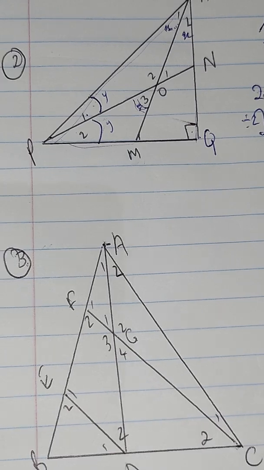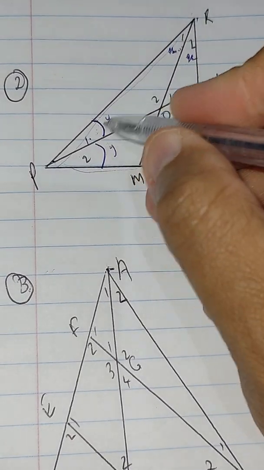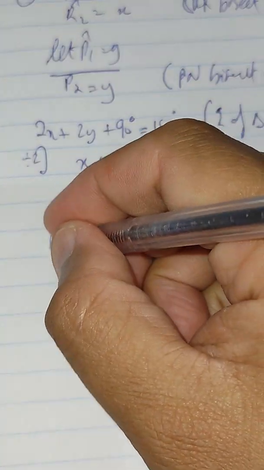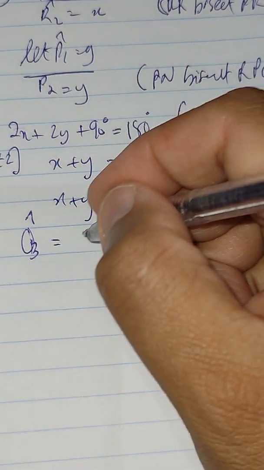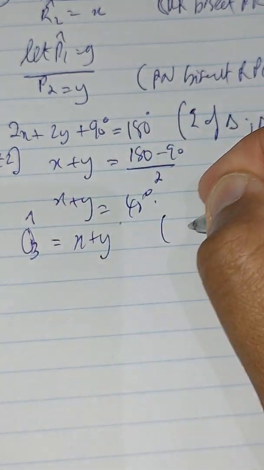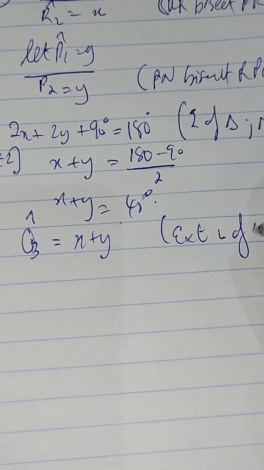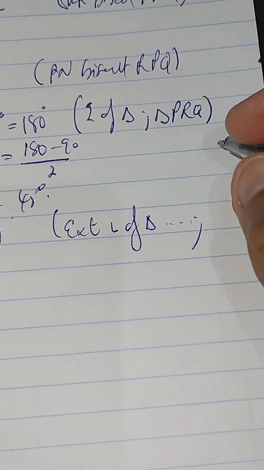Now we go here. We say angle O3 is equal to x plus y. Can you see that? Reason: exterior angle of triangle is equal to the sum of the two interior opposite angles, and we name the triangle.